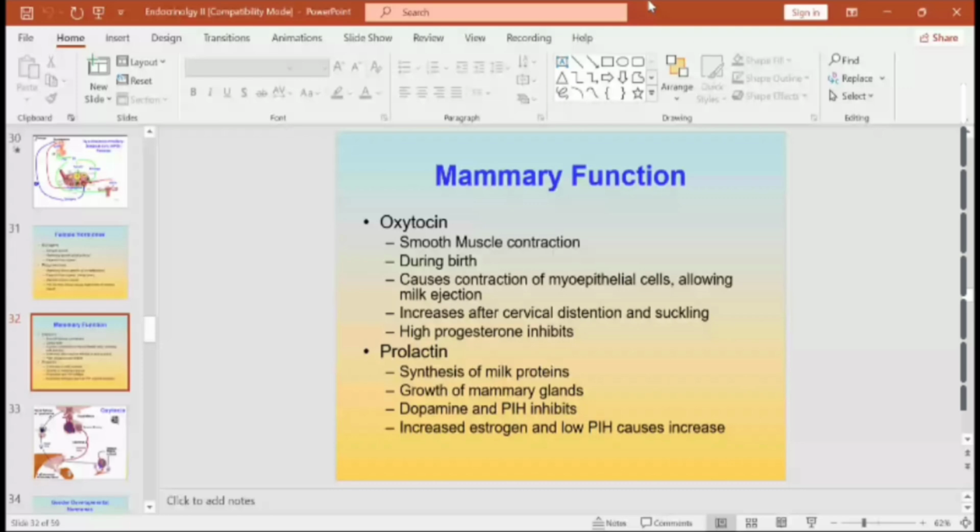Besides that one, it also causes the contraction of some cells lining the duct system in the breast, called the myoepithelial cells. And the contraction of these cells will squeeze the milk out, and the baby is able to breastfeed.